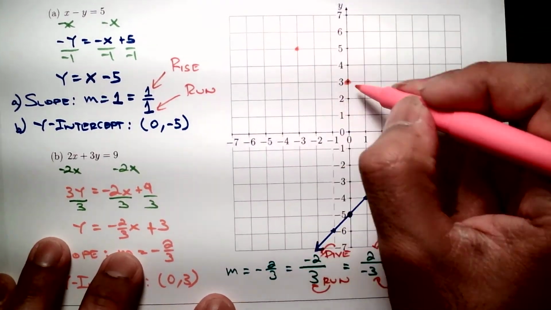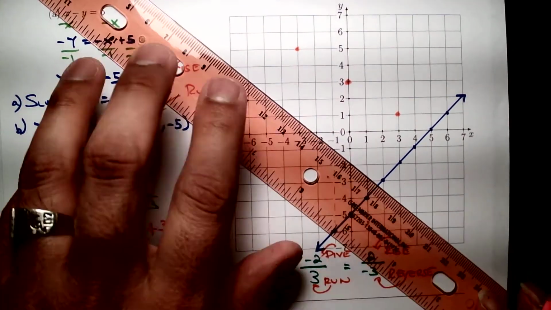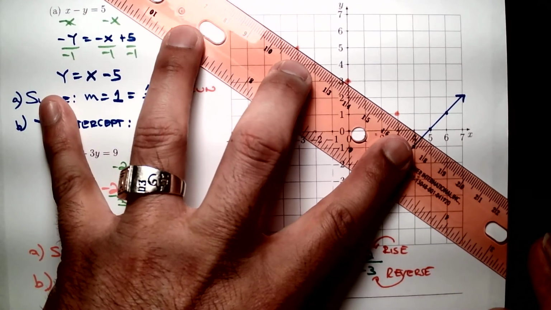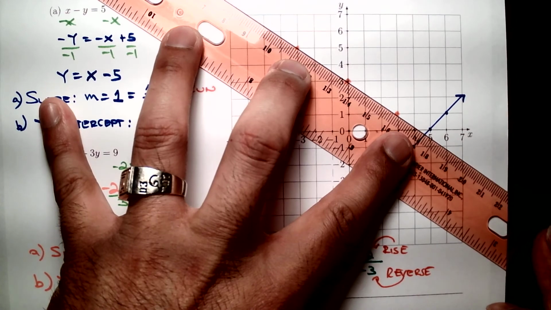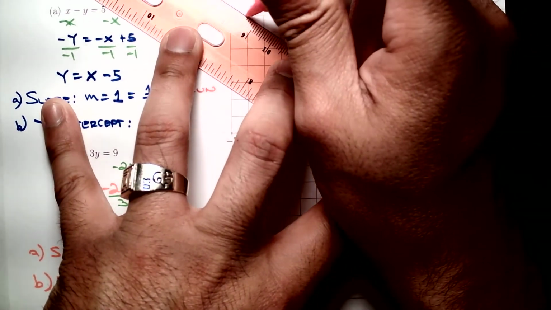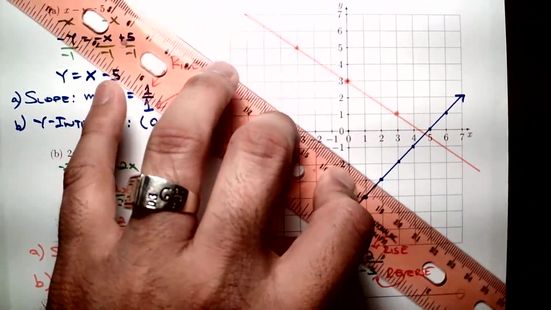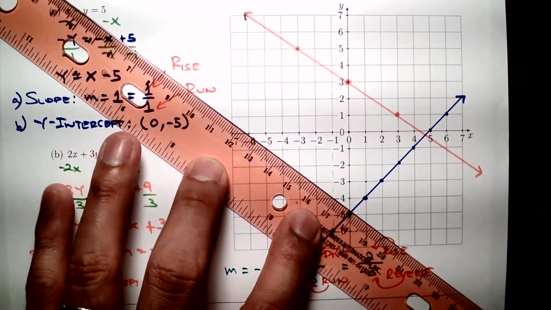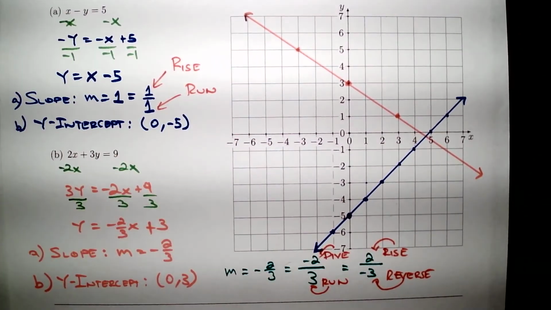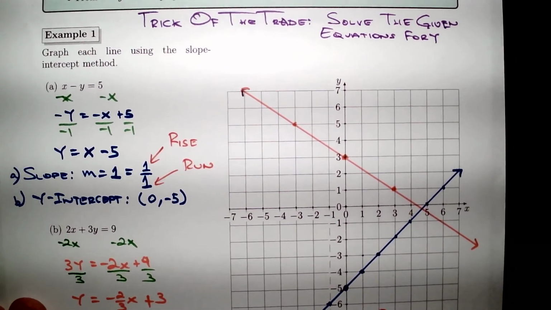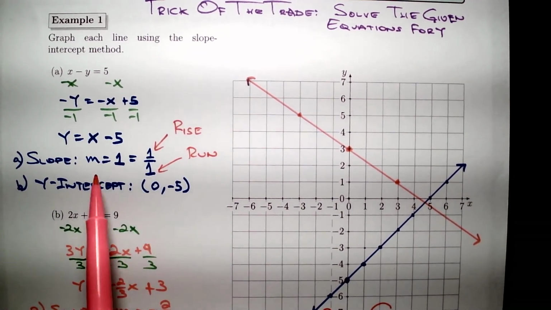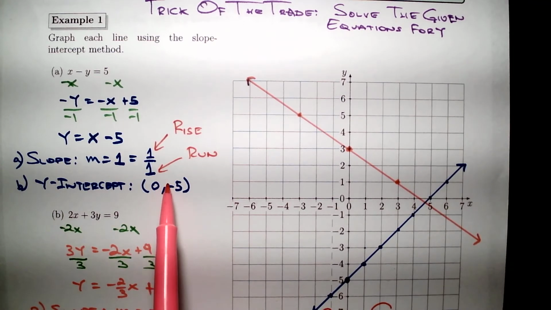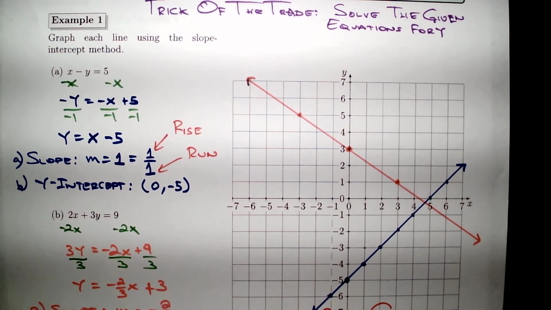Notice how we still have this straight line. Let's connect the dots. It's right here and right there. And that's how we graph lines using the intercept and the slope.